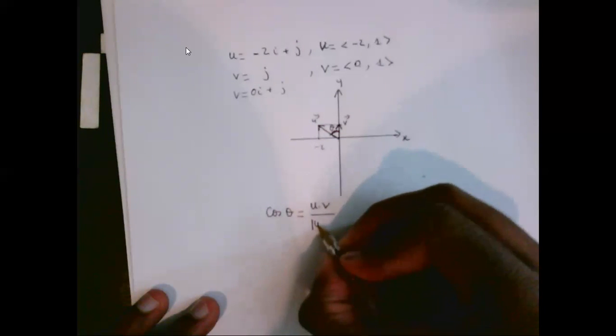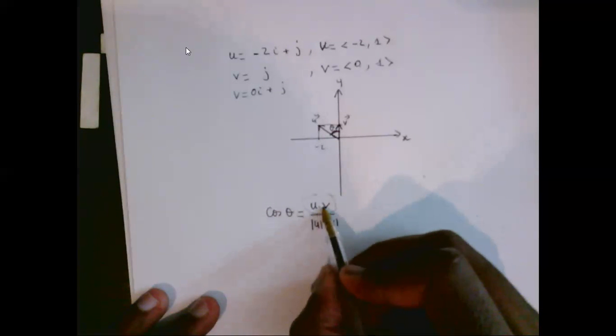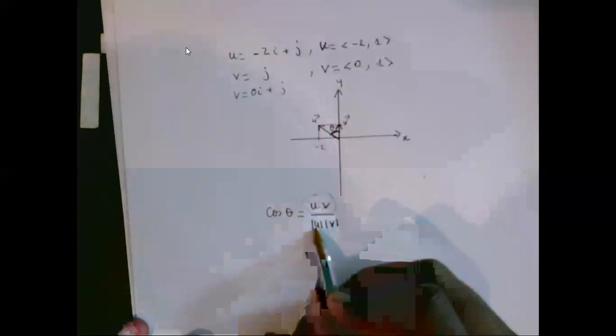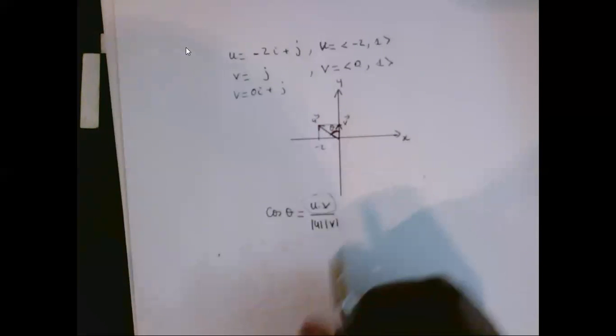So we need to figure out the dot product of u and v, and then find the magnitude of u and the magnitude of v. I use norm and magnitude interchangeably. Both terms are the same.